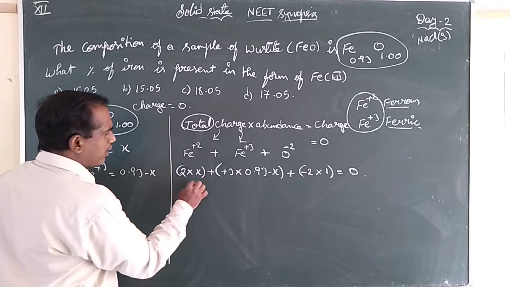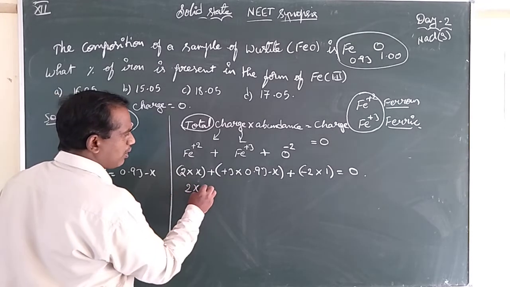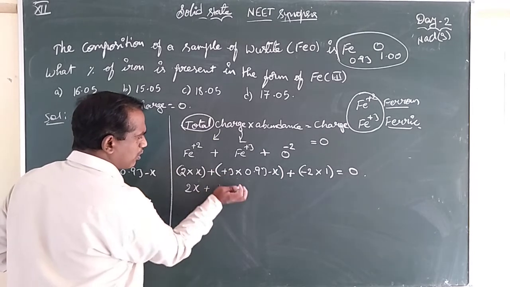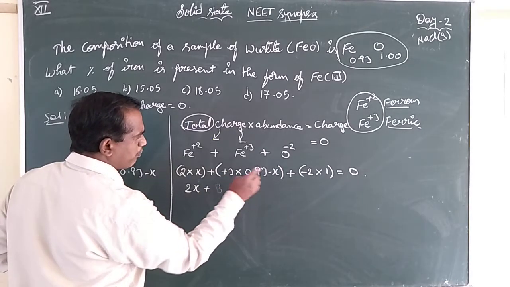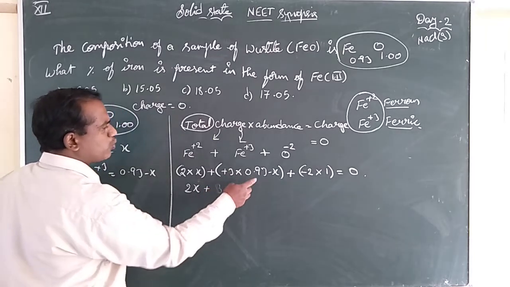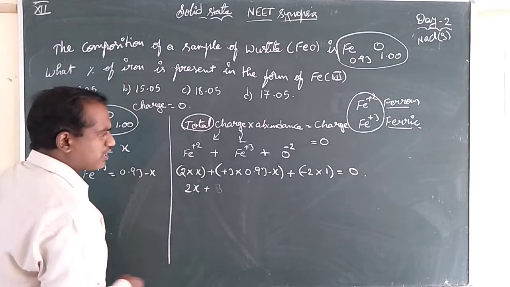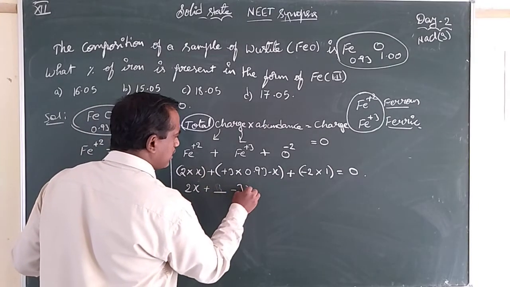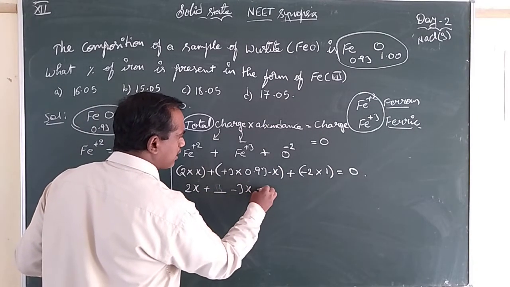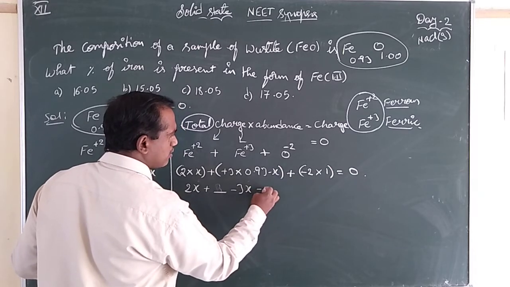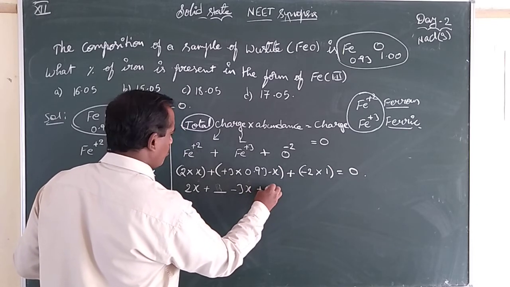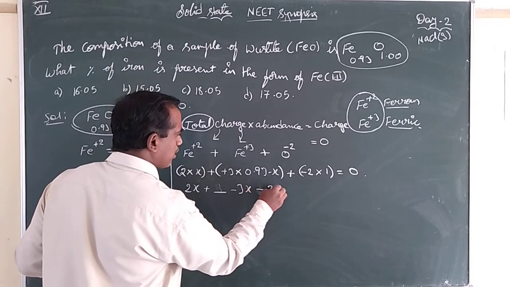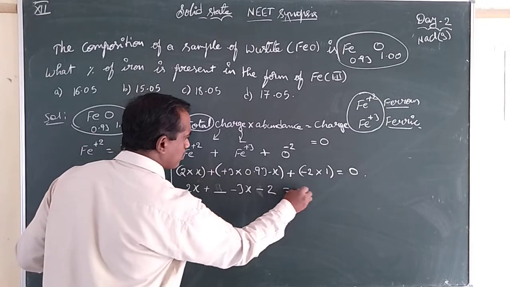So how do you get here? 2x plus 3 into (0.93 minus x). 3 into 0.93, how much value are we getting children? You write the value here. 0.93 into 3 minus 3x, minus 2 into 1 is 2, that is equal to 0.